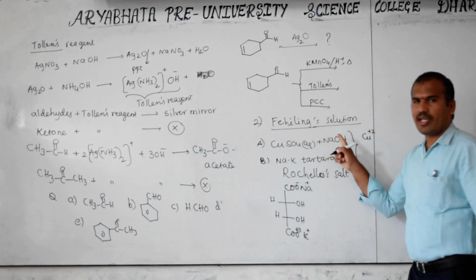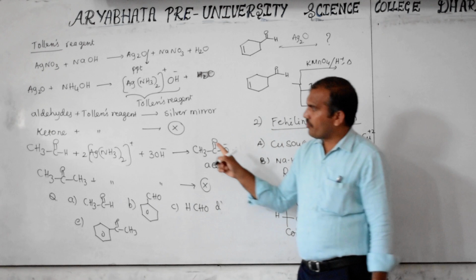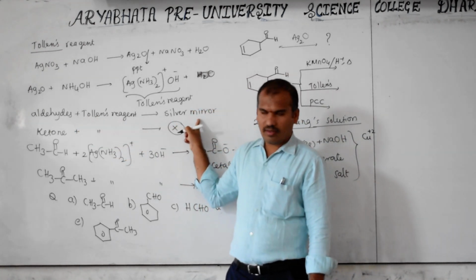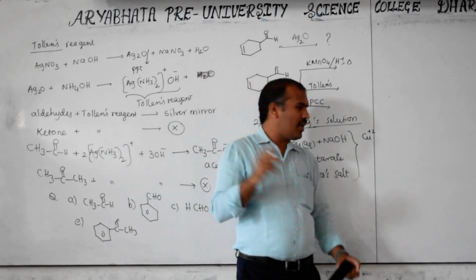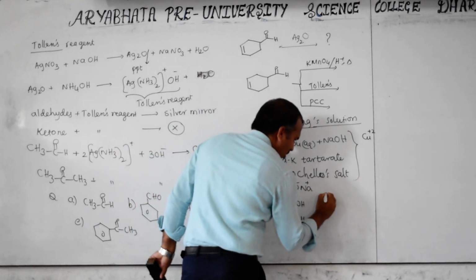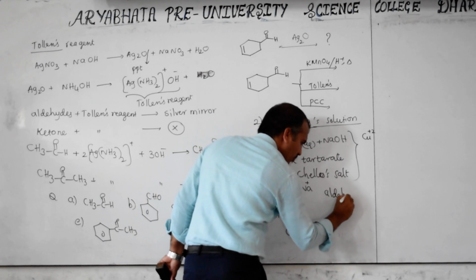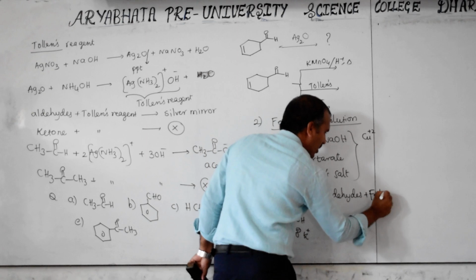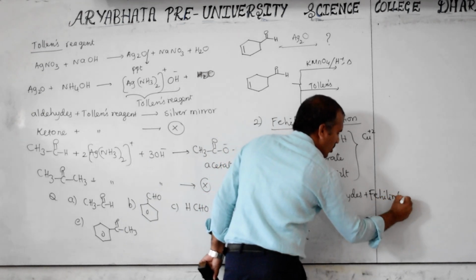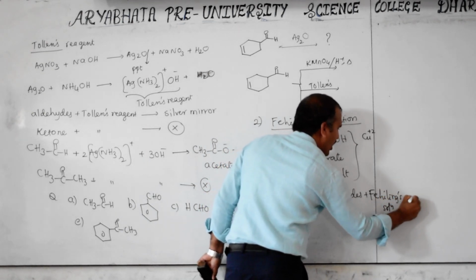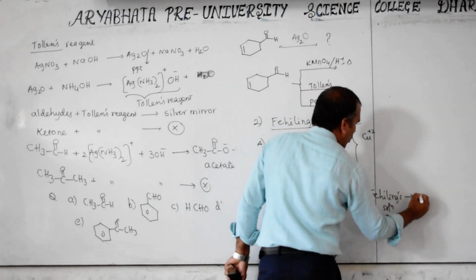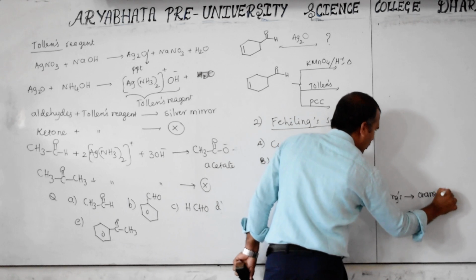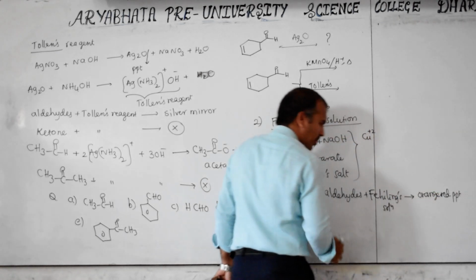Here also, very carefully. Here I gave an aldehyde reacting with Tollens reagent, then it gives a silver mirror. Ketone does not give it. Here also, aldehydes plus Fehling solution, then it gives an orange-red precipitate.